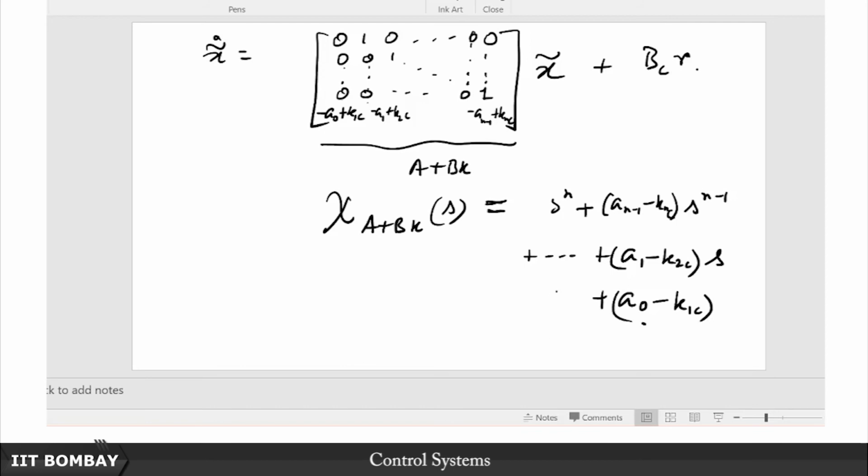And now note, this is a polynomial of degree n, and n of whose coefficients I am allowed to tamper with. So if I am allowed to play around with all of these coefficients, I can reshape this into a new polynomial altogether. Whether it is a monic polynomial or not does not matter. So long as it is an nth degree polynomial, the coefficient of s to the power n is something non-zero.